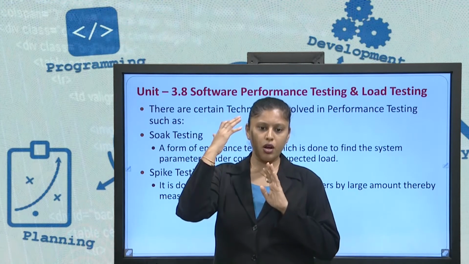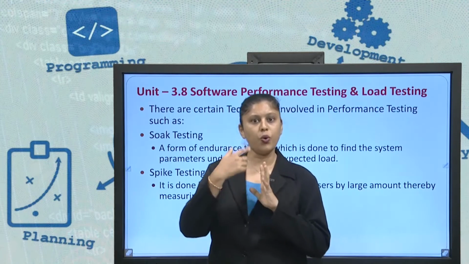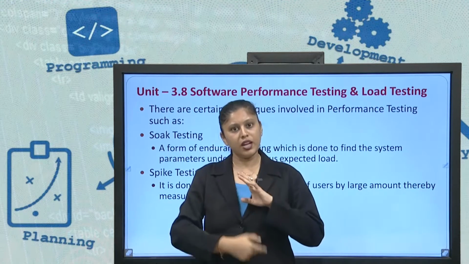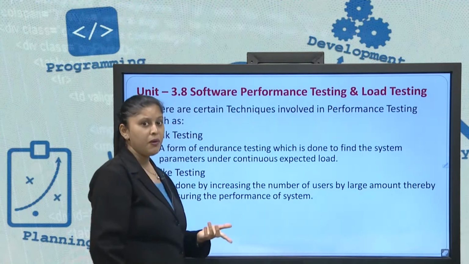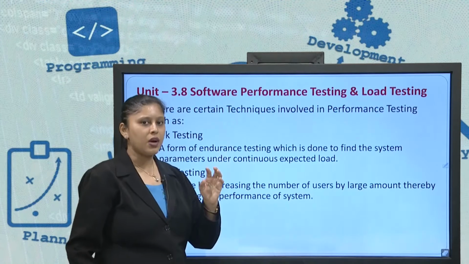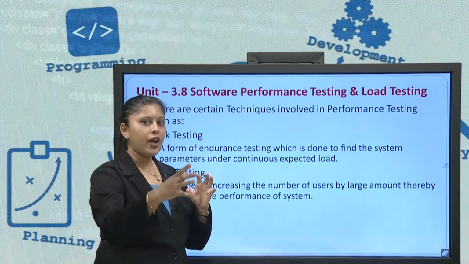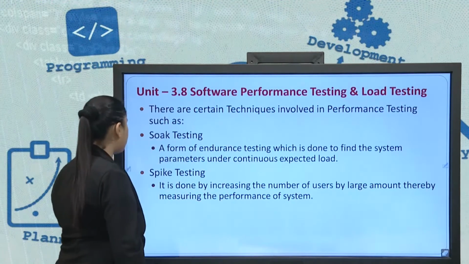So, it shoots up like anything. The users who are using the system increase like anything, then we call it spike testing, and thereby we check the performance of it: at 1000 people it is working well, but if I increase it to 5000, whether it is performing the same way or not is called spike testing.